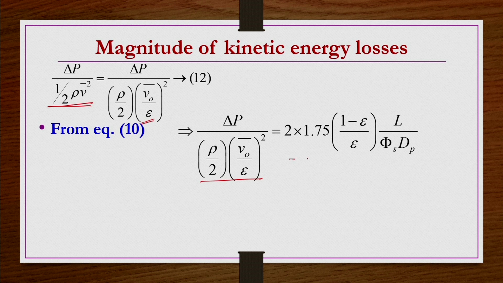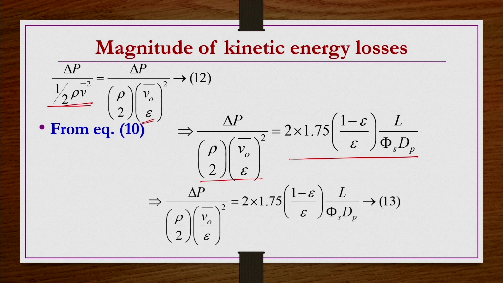When we do this, we get on the right hand side 2 into 1.75 into 1 minus epsilon by epsilon multiplied by L by phi s dp, right. On this right hand side, everything is known: voidage is in general known for a given bed, sphericity of the particles is known, and the volume equivalent diameter of the particles is known for a given system.